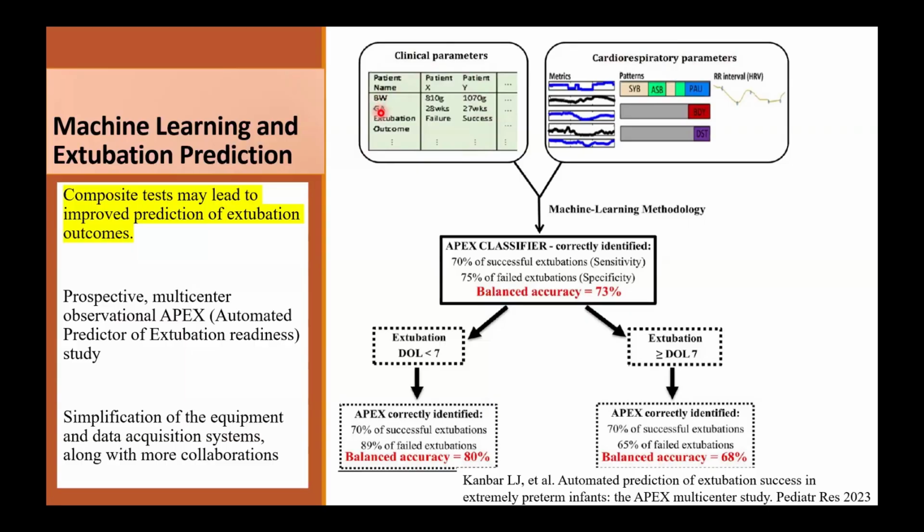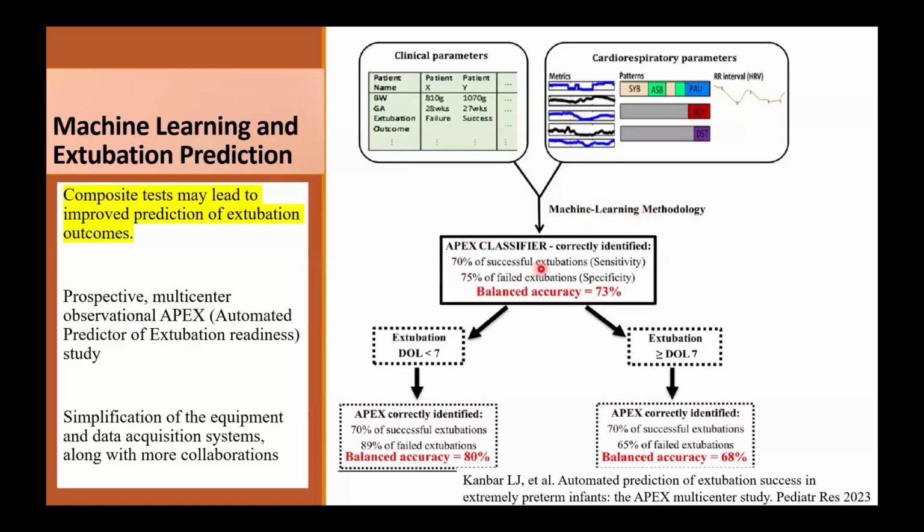Birth weight and gestational age were included in clinical parameters, and cardiorespiratory parameters included heart rate variability, respiratory rate and respiratory variability. These data were recorded for a continuous 60 minutes while the baby was on mechanical ventilation, and then for the next 5 minutes after extubation on ET-CPAP, and then incorporated into an algorithm.